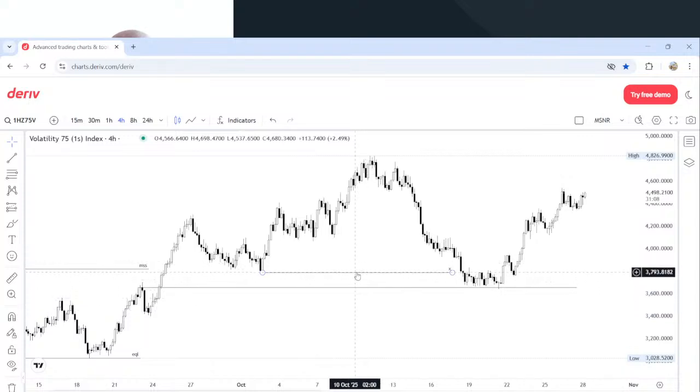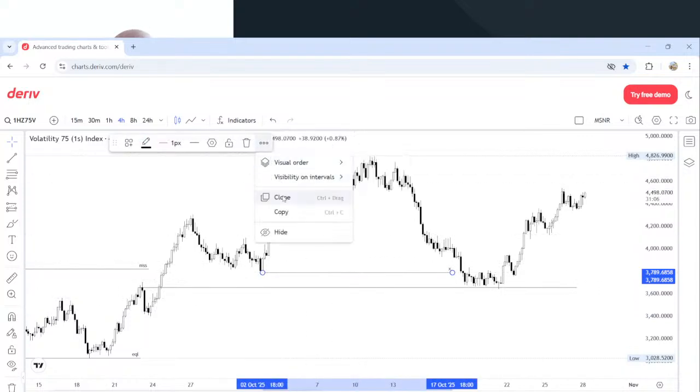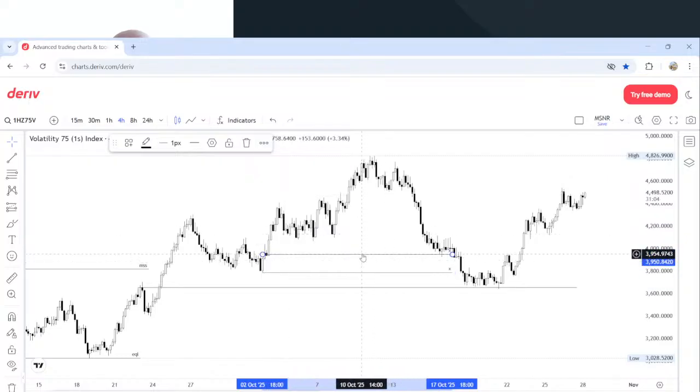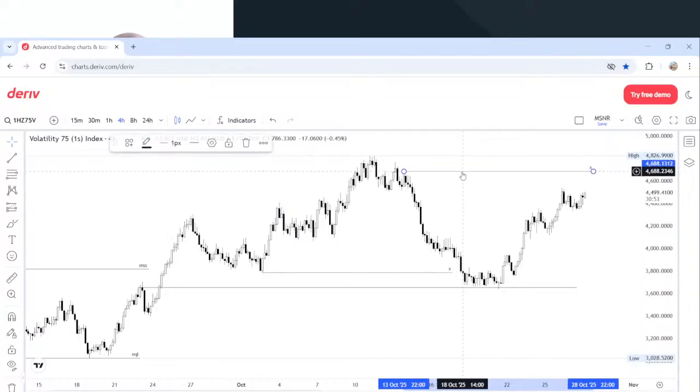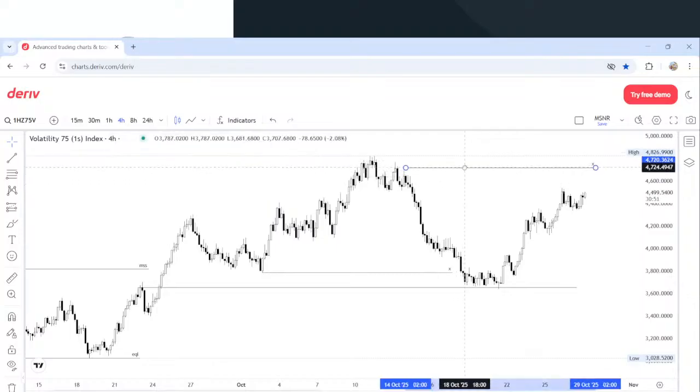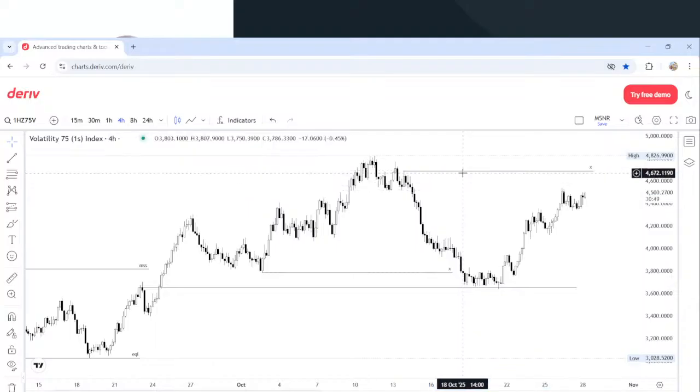Let me do this. I'm going to clone this because I want to put it here to act. All right, now this is my liquidity. You know why? Because I just saw something.